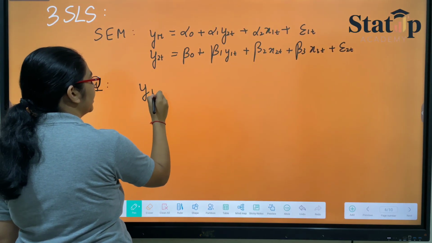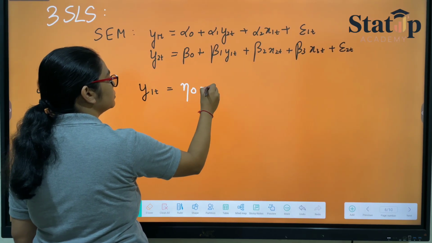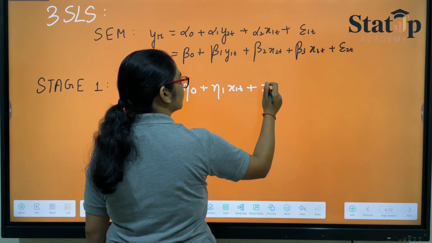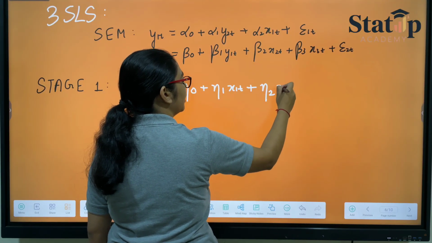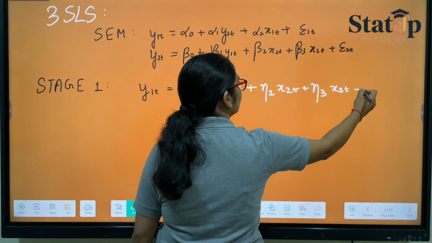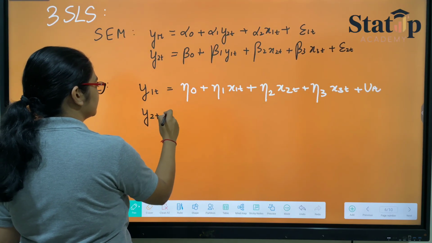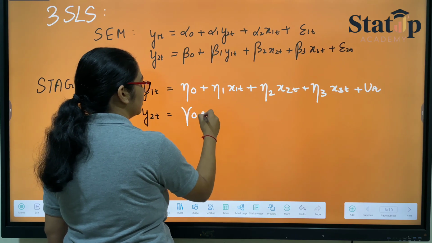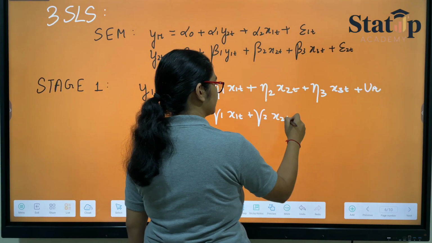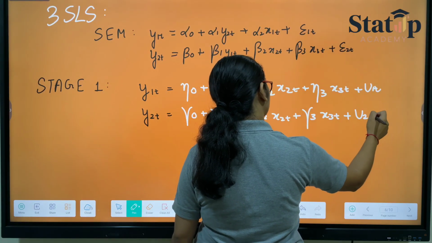So y1t can be written as eta naught plus eta 1 x1t plus eta 2 x2t plus eta 3 x3t plus u1t, and y2t can be written as gamma naught plus gamma 1 x1t plus gamma 2 x2t plus gamma 3 x3t plus u2t.